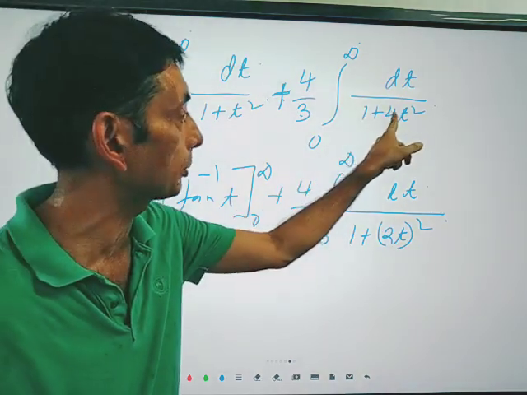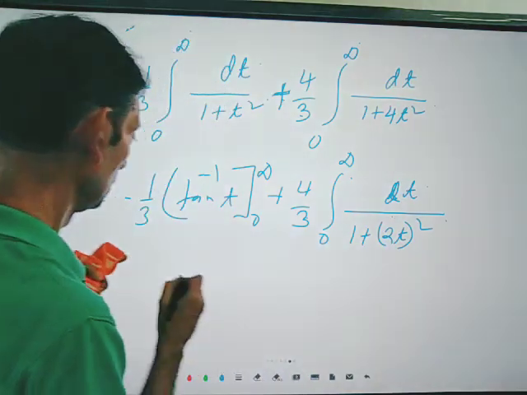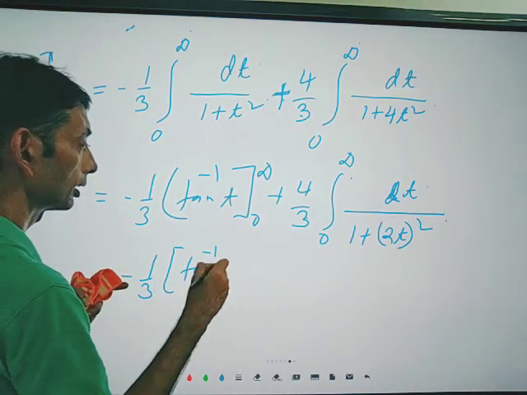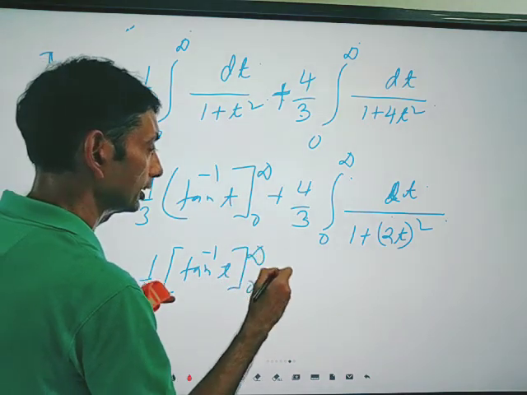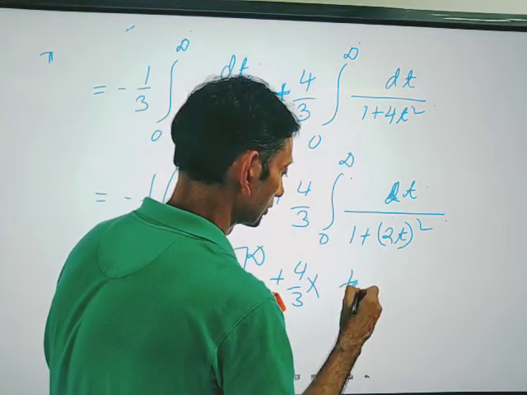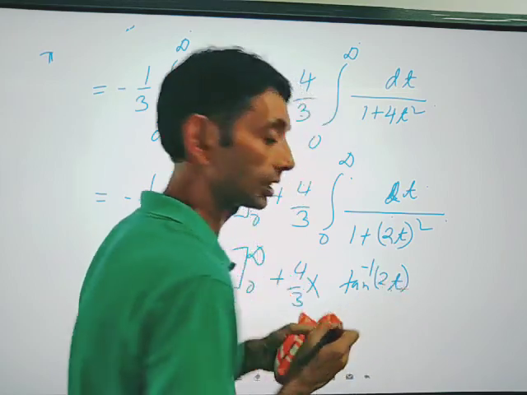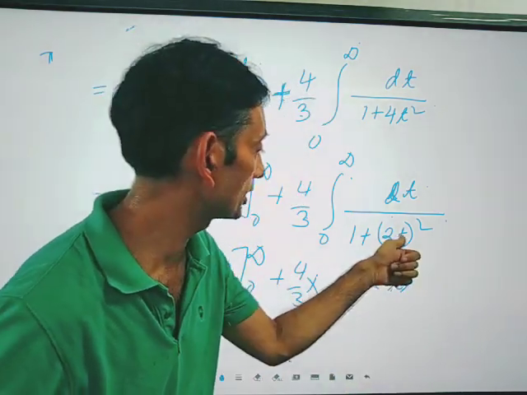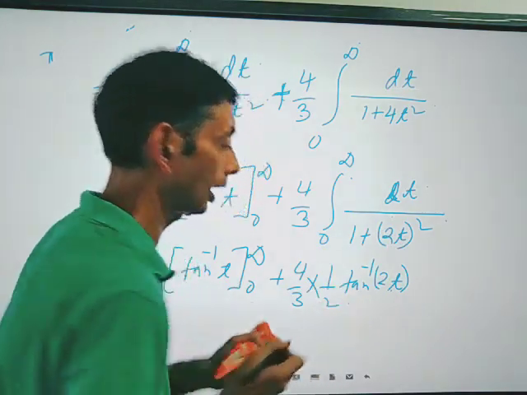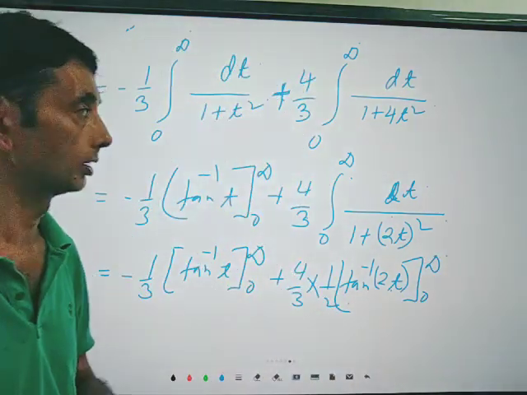So only in place of t, here it's 2t. And minus 1 by 3, we'll substitute the limit together, 0 to infinity, plus 4 by 3 into, this is also tan inverse t, where t means 2t. But the only difference is, what is the coefficient of t? The coefficient of t is 2, so it's to be multiplied by half. And we'll just substitute 0 to infinity.